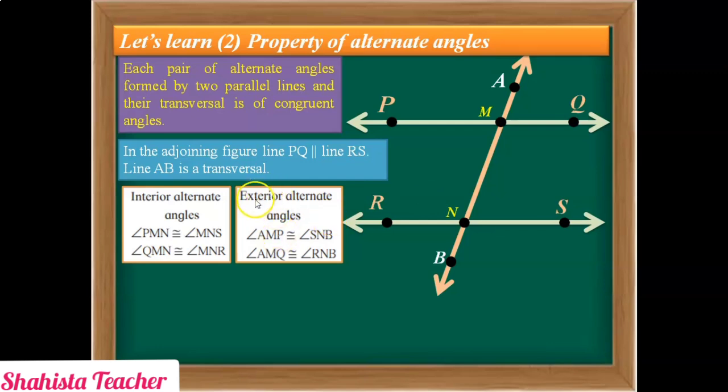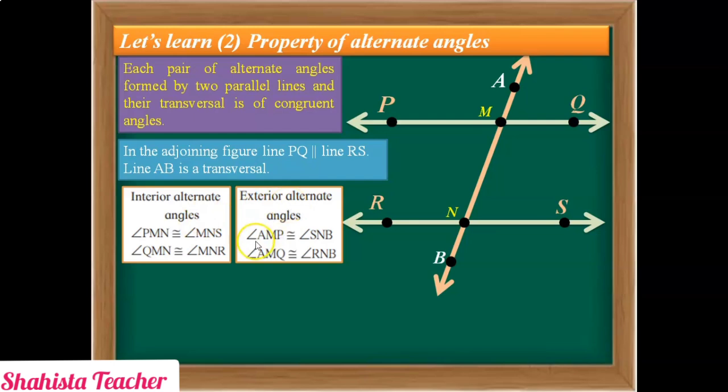Now we will see the exterior alternate angles. The exterior alternate angles are AMP, which is congruent with angle SNB. See here, the interior alternate angle is less than 90 and the exterior alternate angle is more than 90.